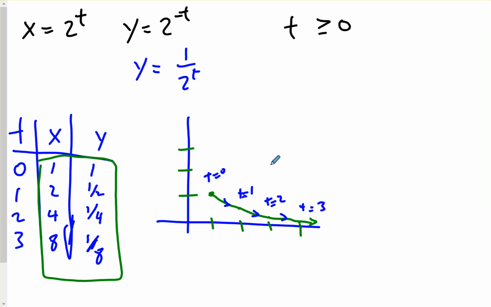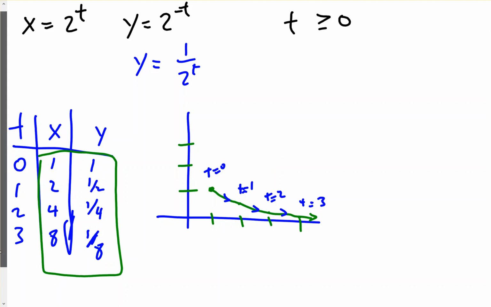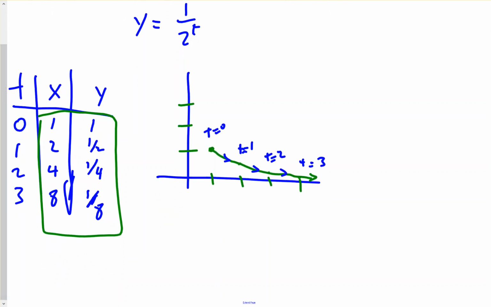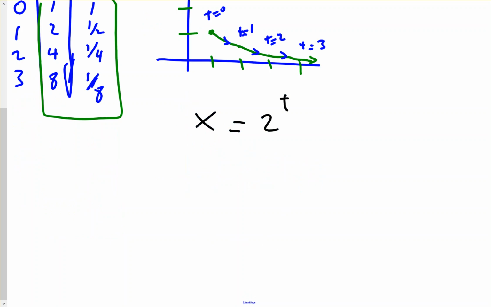So for our equation, x equals 2 to the t, if I want to solve this for t, because I have 2 as my base and I'm raising it to t, I could take log of both sides and have the t come down, right?